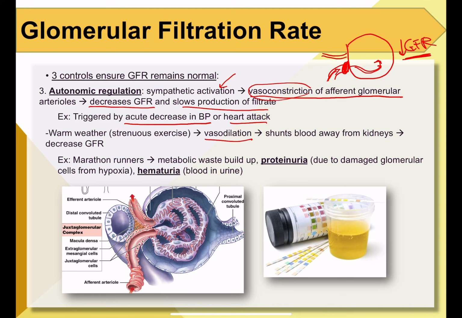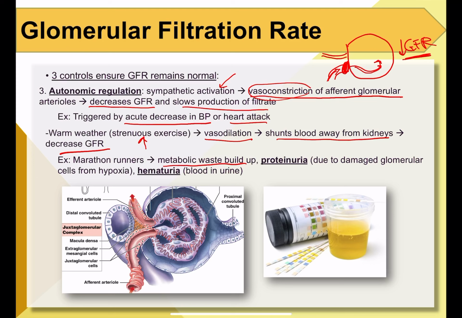Well, vasodilation, remember, decreases your blood pressure, which then shunts blood away from your kidneys and decreases GFR, which is not a good thing. So that's why a lot of times marathon runners can end up with metabolic waste buildup, because of that decrease in GFR from all that strenuous exercise in, let's say, 100-degree Texas weather, which is crazy.